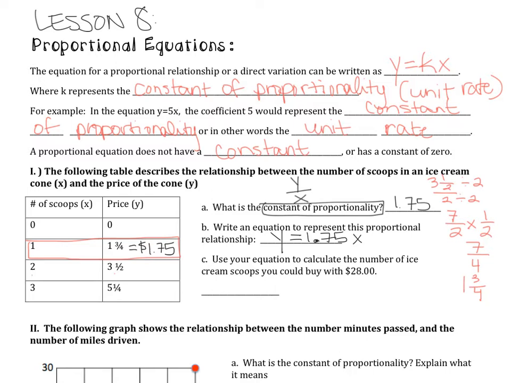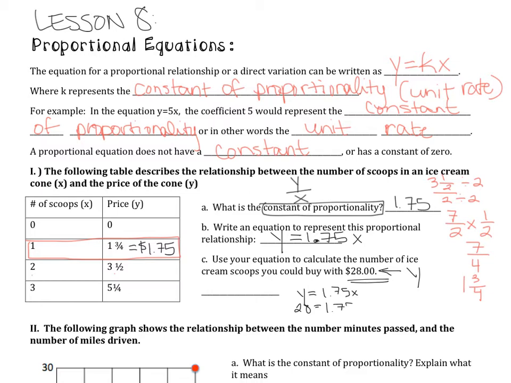We're going to use this equation to calculate the number of ice cream scoops we could buy with $28. We're talking about price here, and the variable we use to represent that would be y. I would go ahead and write down my equation, y equals 1 75/100 x. Then plug in my $28, I substitute it in.